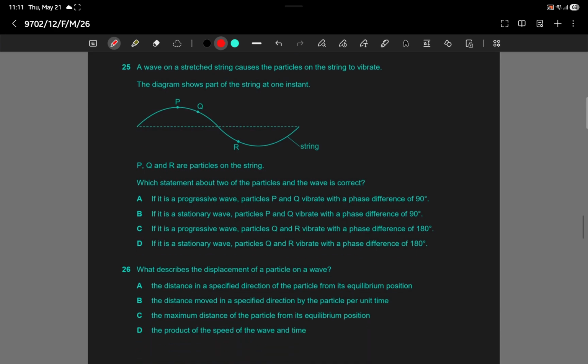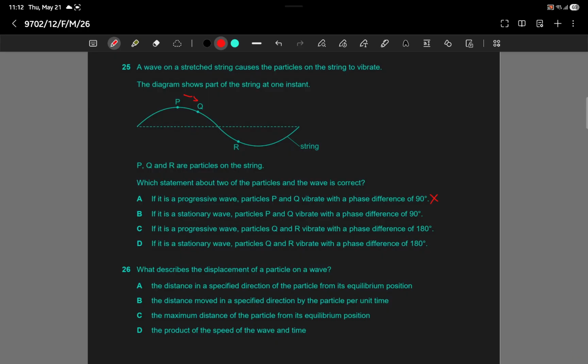Number one, if it is a progressive wave, particles P and Q vibrate with a phase difference of 90. This phase difference is not 90. This is wrong. This is not one quarter of the total phase difference.